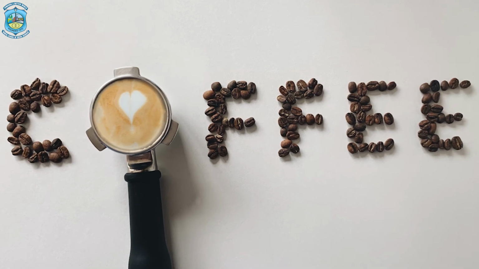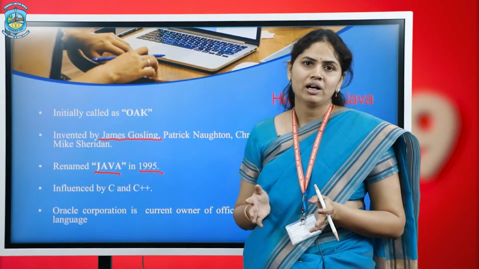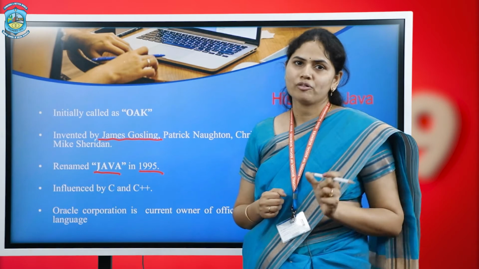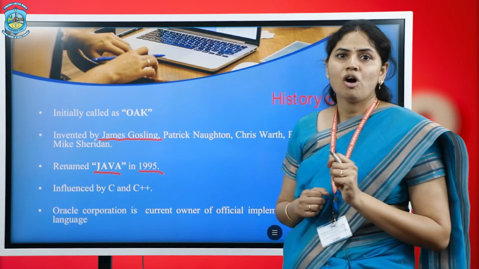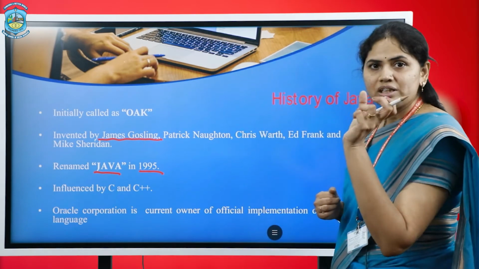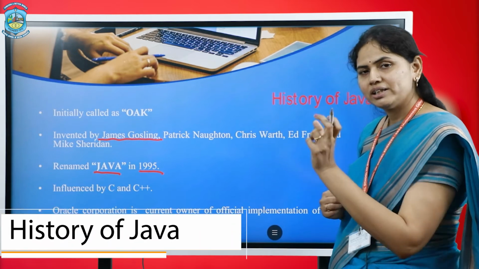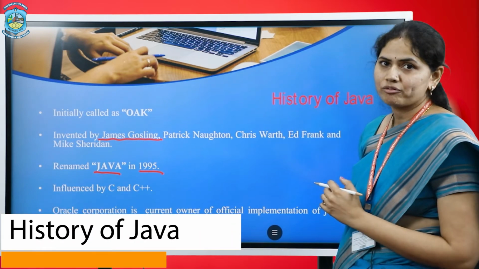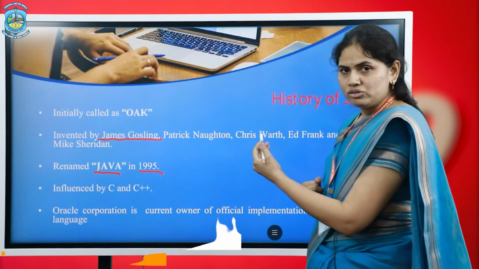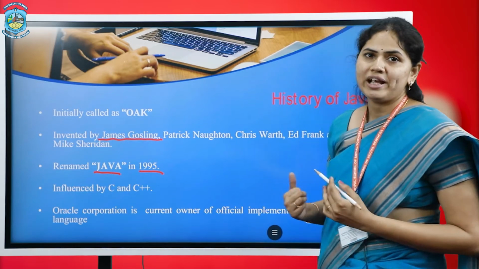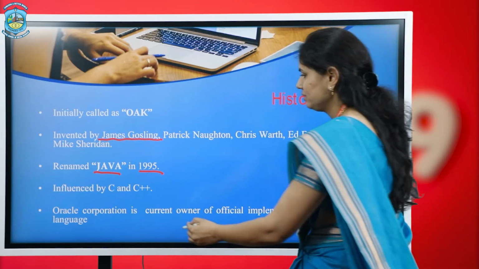So, whenever we see a book of Java, we find a cup of coffee on the cover page of the book, or wherever Java is written, we find a cup of coffee with it. Java language is influenced by C and C++.